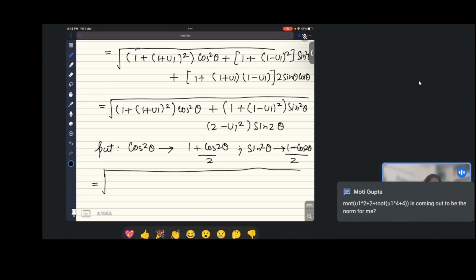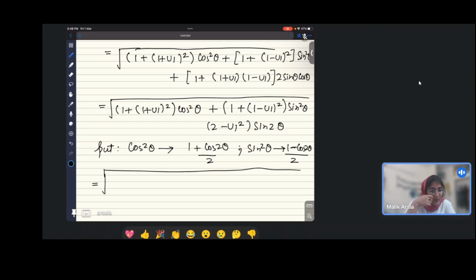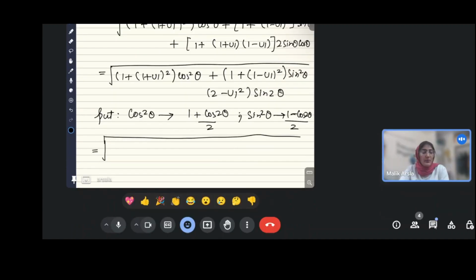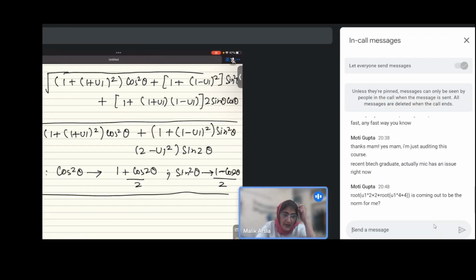Root of u1 square plus 2 plus root of u1 to the power 4 plus 4.